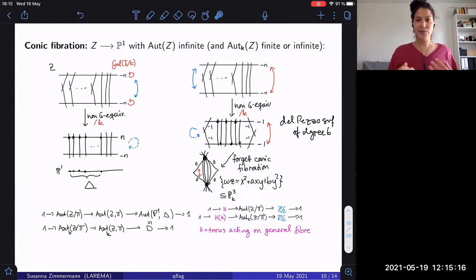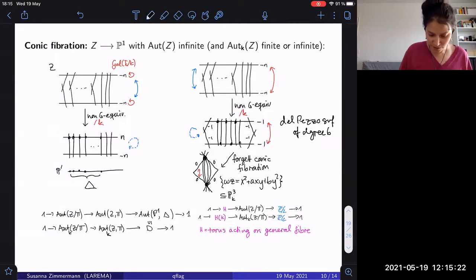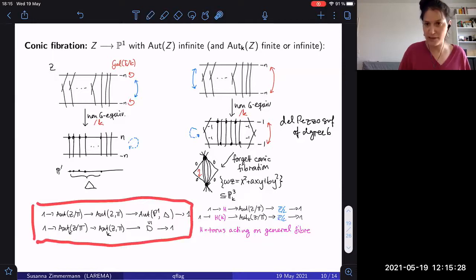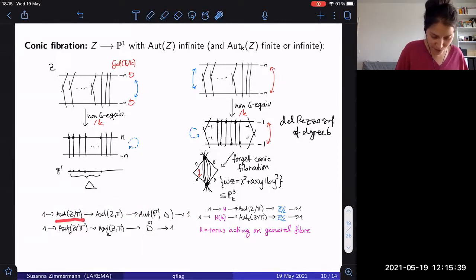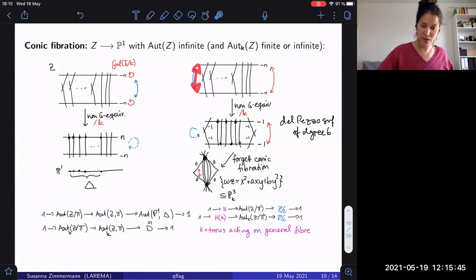And in any case, what you get is that, so here, you have this part of the exact sequence. So you get that the automorphism group is a semi-direct product of the kernel of the morphism from Aut Z to Aut P1, times whatever is the image here. And then to compute the kernel, you know that you have an involution on the surface Z, and you also know that Z has exactly 2 -n sections.